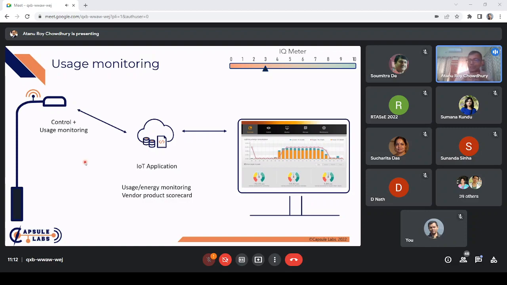It helps me save money by identifying unscrupulous vendors who are lying about their products, right? It helps me do pilferage detection, right? Because I know exactly how much power it is expected to consume as per the product data sheet of the light, right?